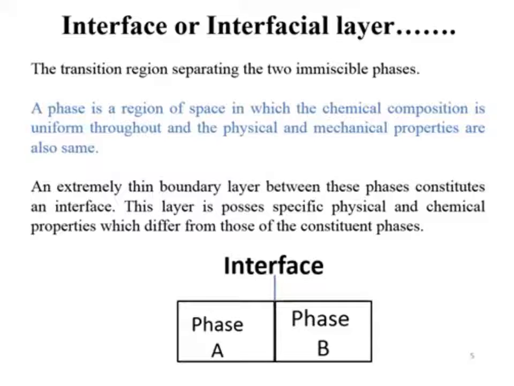And why are we saying that there is a thin boundary? Because we will see a clear difference between these two immiscible phases. It means that our interface, our thin boundary layer, will be different from phase A and phase B, which are the two immiscible phases.